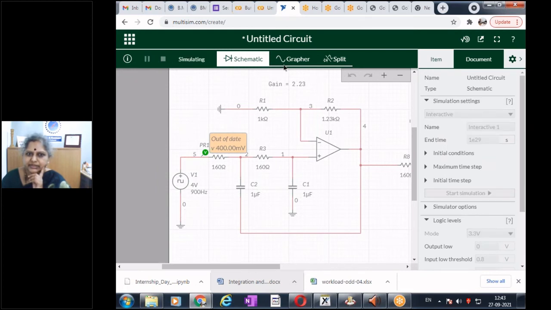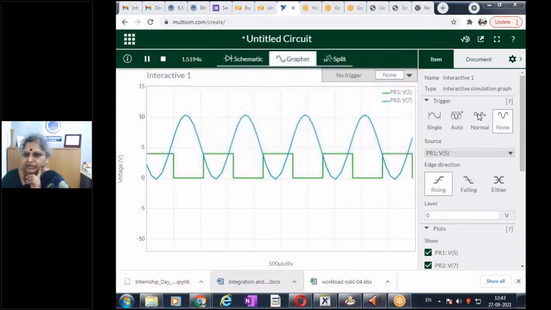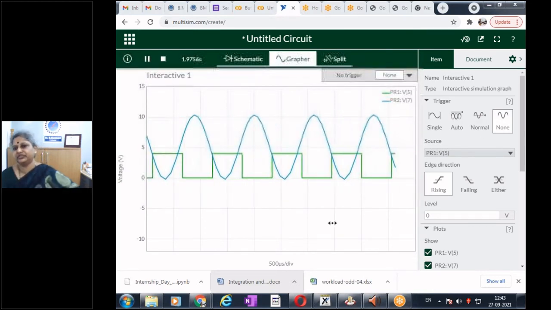Yes, any answers? We have designed a beautiful filter. What's the order of the filter that we have designed? We have designed a fourth order low pass filter.